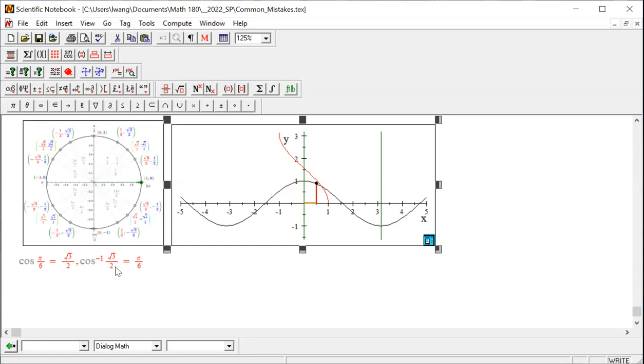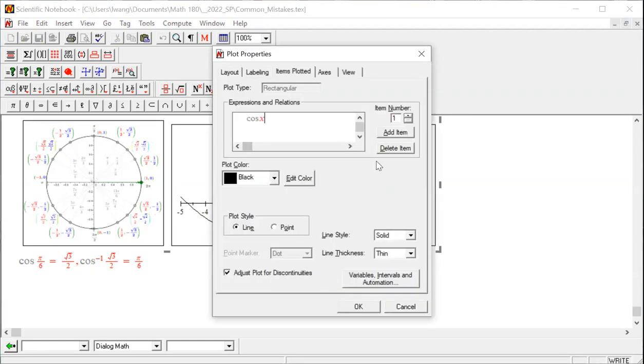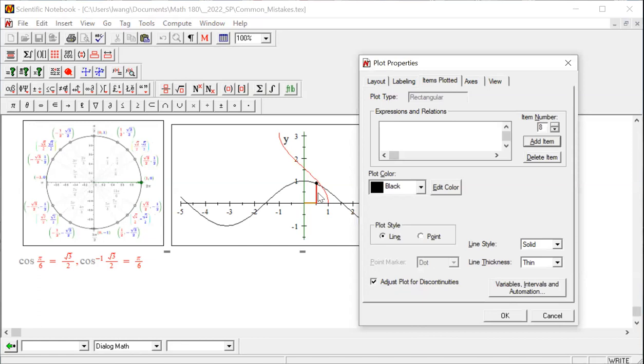Now I'm going to draw you the other one, which is on the red curve, which is the arc cosine. Well, that black dot looks like it is on the other one, right? So now the red is going to be lying down. The red is going to be root 3 over 2.